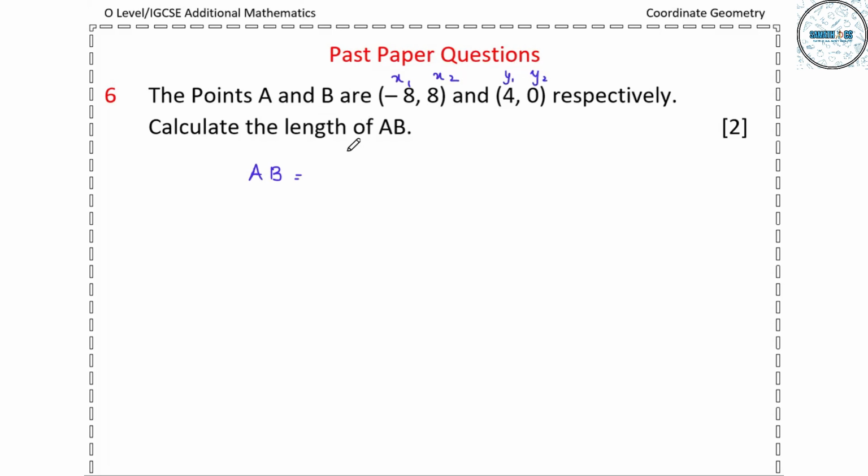So x2 minus x1 is 4 plus 8 whole square plus 0 minus 8 whole square. We have to write it in under root sign.